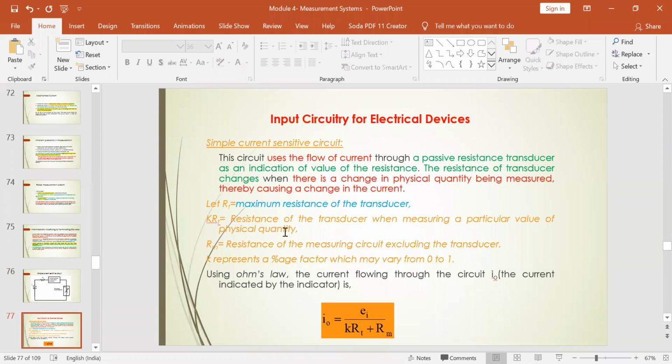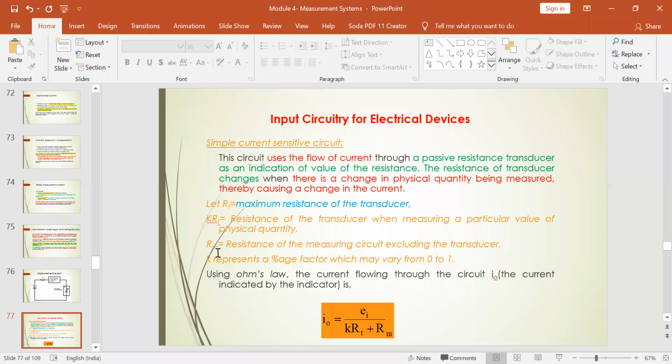It mainly depends upon the physical quantity of what material you are referring to, because K represents the percentage factor which varies from 0 to 1. So you will be multiplying the percentage factor from 0 to 1, depending upon the physical quantity you are using, to measure the resistance of the transducer.